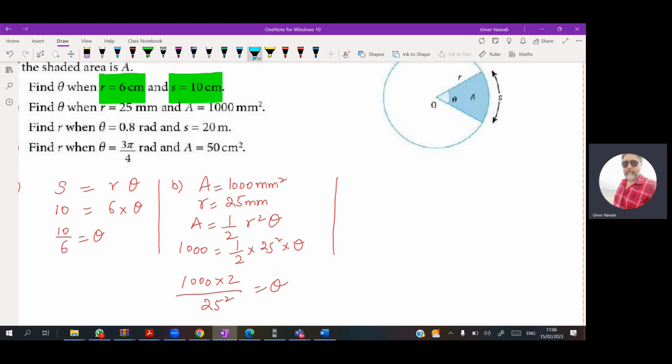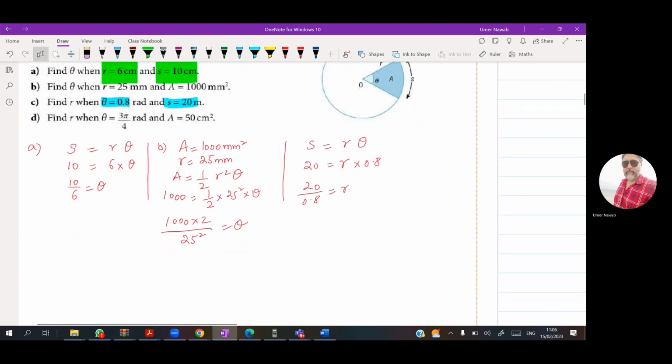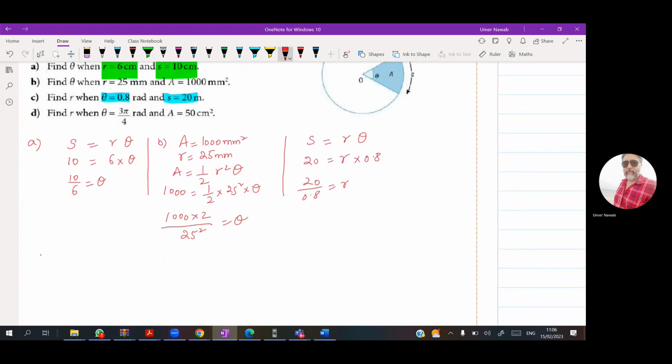Now let's go to the C part. He gave you theta, he gave you S, and now I want to find the radius. So S is equal to r theta. S is 20, the radius I want to find, theta is 0.8. So 20 over 0.8 will give you the radius. Last part. He said the area is equal to 50.